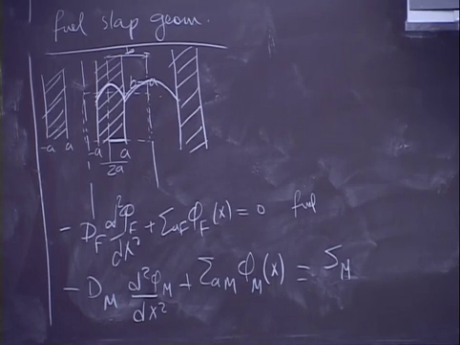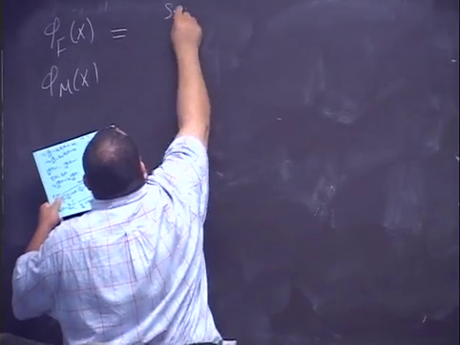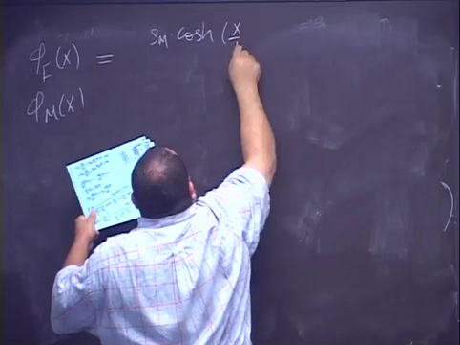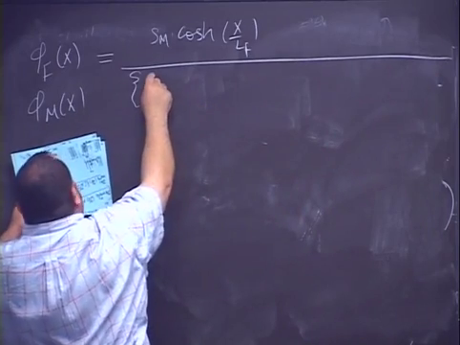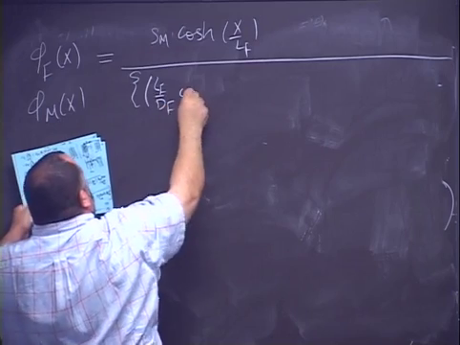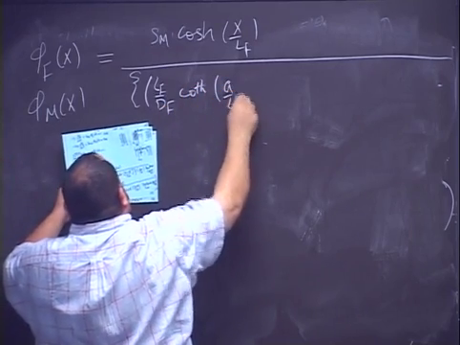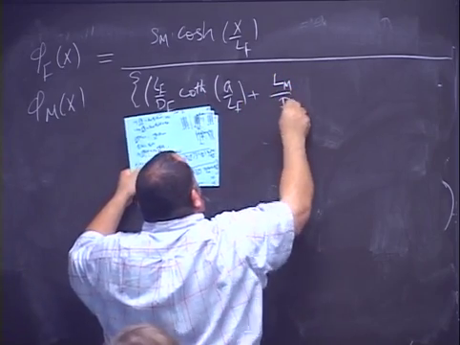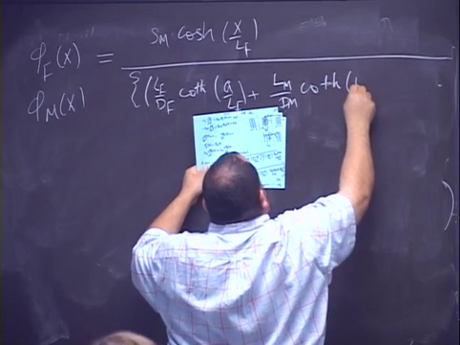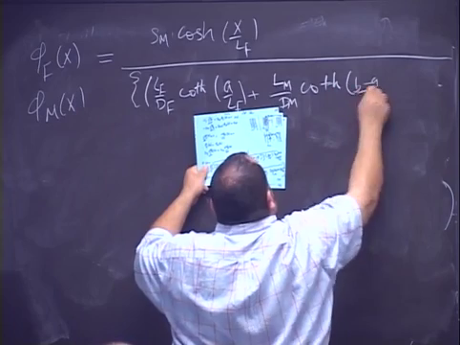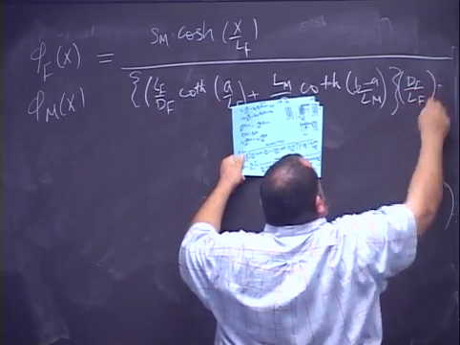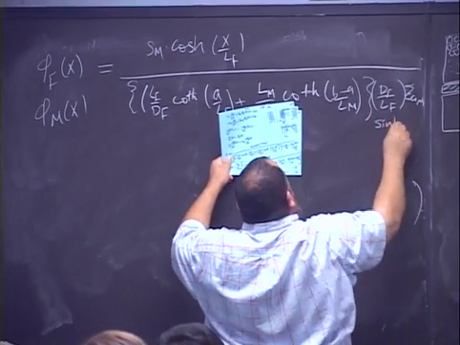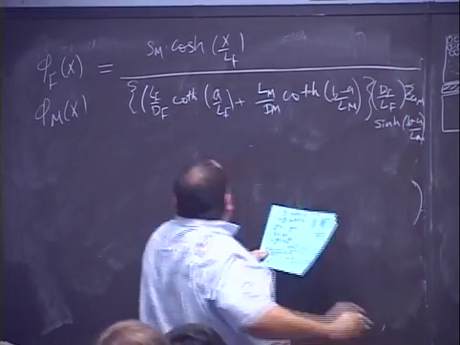So φ_f and φ_m: this is S_m cosine(x over L_f) divided by L_f over D_f coth(A over L_f) plus L_m over D_m coth((B minus A) over L_m), multiplied by D_f over L_f multiplied by Σ_absorption,m multiplied by sinh((B minus A) over L_m). Oh, I have a cramp now.